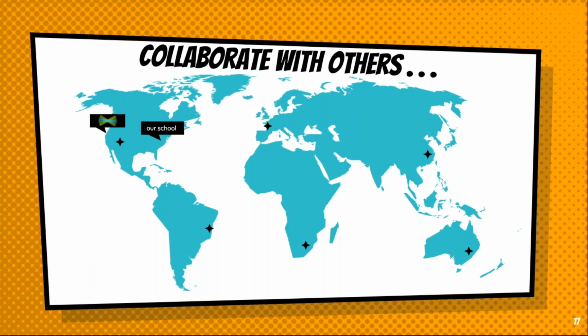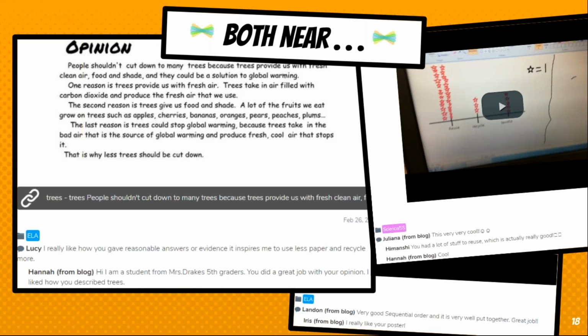It was also really neat to collaborate with others. We're here in North Carolina, and we have been connected with schools from across the country, and a few schools in other countries as well. And some of the really close schools were actually right down the street. And it was a little silly in a way that the students were like, where is this school?